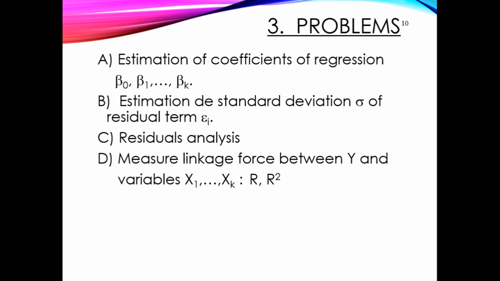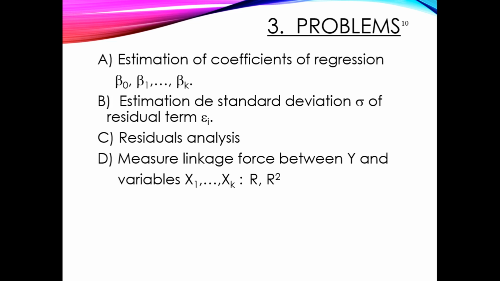How can we measure the linkage between our dependent variable and our explanatory variables? Supposing that our dependent variable can be written as a linear combination of our explanatory variables is a strong hypothesis that we can measure using an indicator called the R squared, which we will come back to a little bit later in this tutorial video.